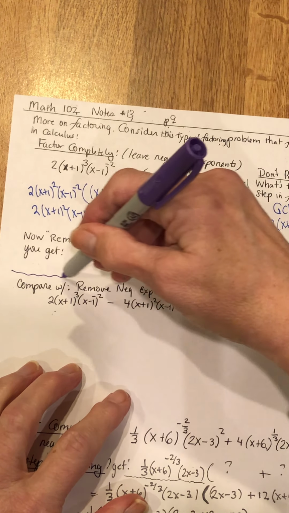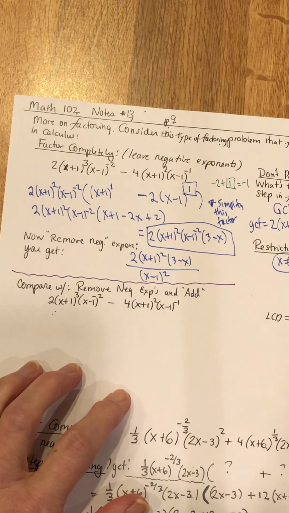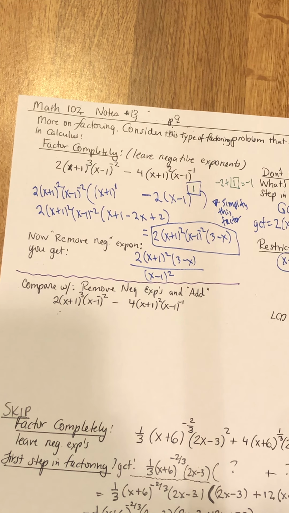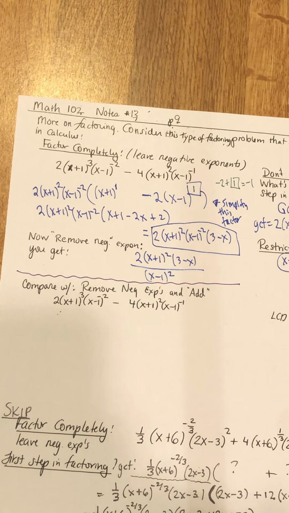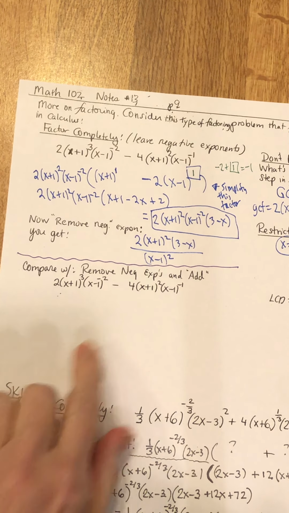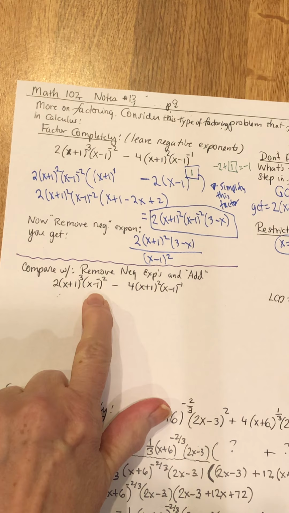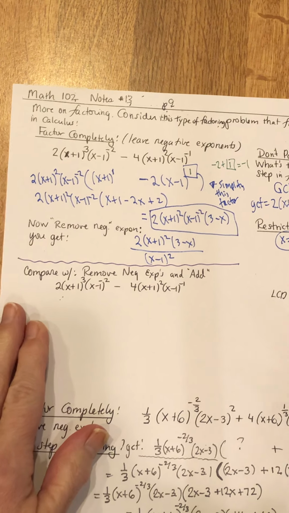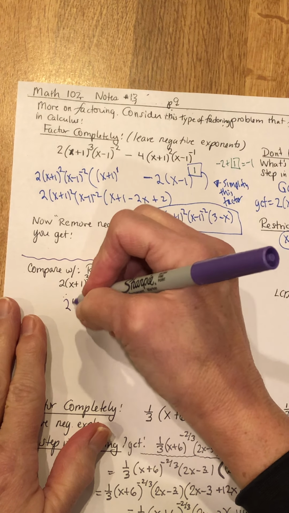We could have looked at this problem in another way. We're trying to simplify this, and the next step would be setting it equal to 0 and solving it if you were in calculus. You could opt to remove the negative exponents first. This is the harder way to go.